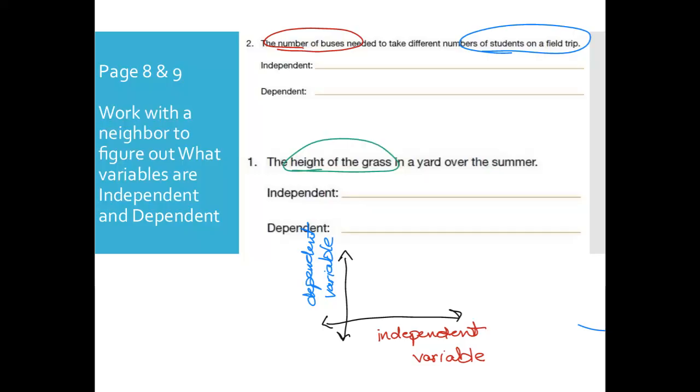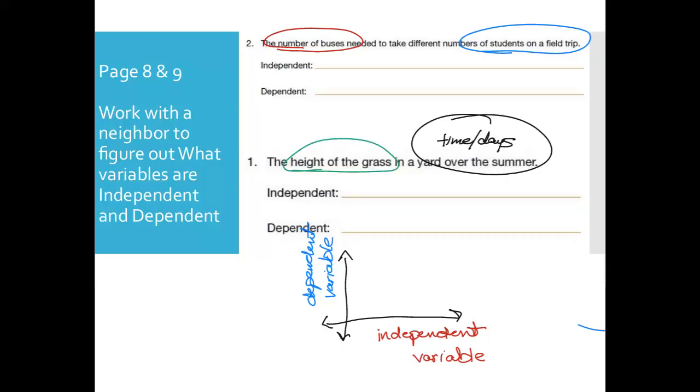Not the distance. The height of the grass in a yard over the summer. So if you think of over the summer, what are we talking about? Yeah, time or days. Yes, so time or days over the summer. What makes sense? Well, I'll leave it at that and see if you can figure that out.